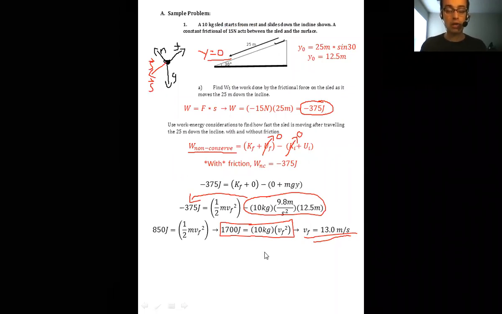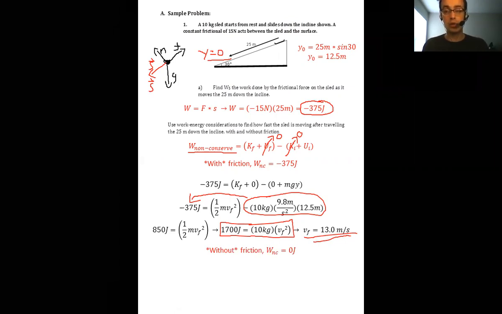What about the case where there is no friction? We've solved this in the case where there is friction. The final velocity is 13.0 meters per second. How about without friction? Then the work done by non-conservative forces is 0 joules. The only non-conservative force, as we'd previously established in this problem, is going to be friction.